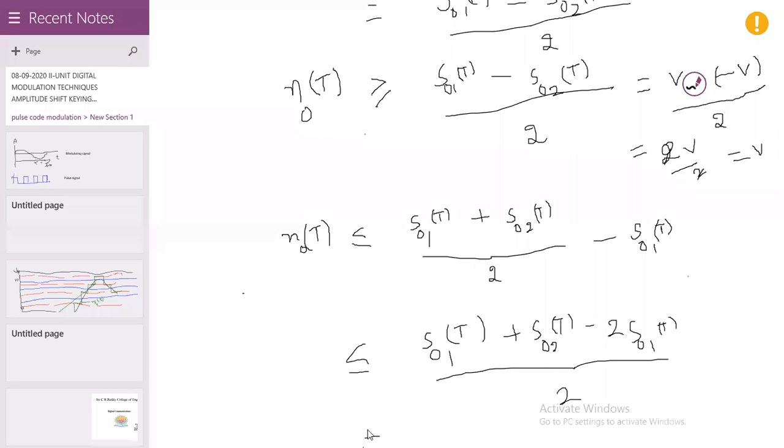Again this is equal to S naught 2 of t minus S naught 1 of t, divided by 2.